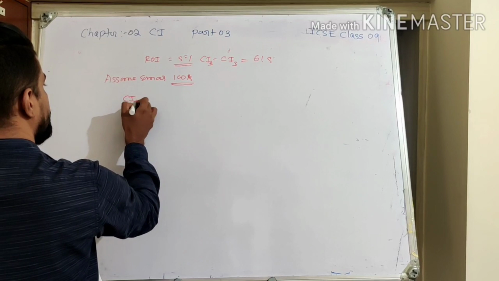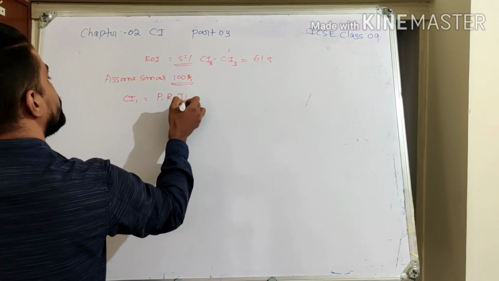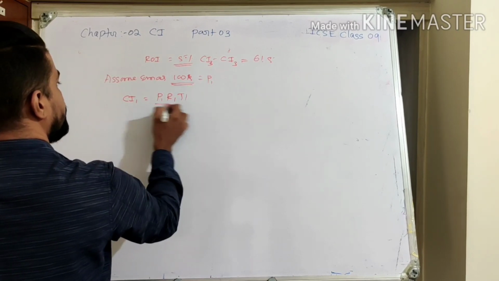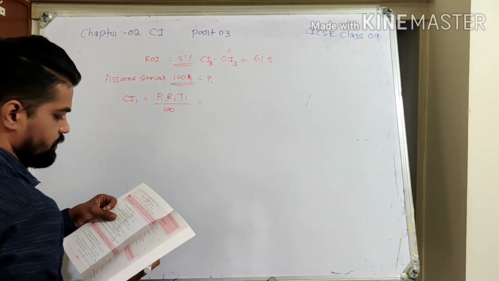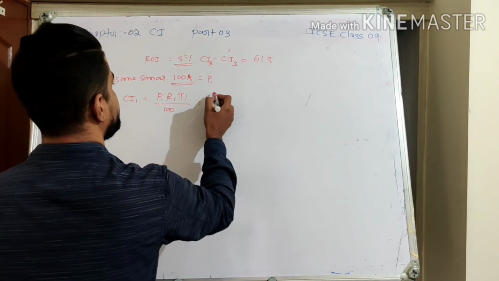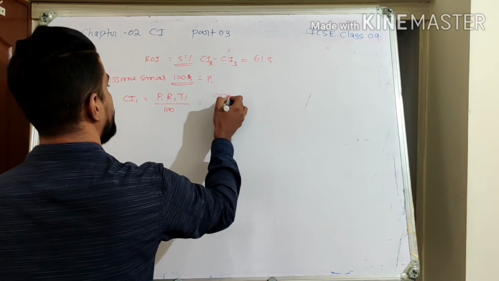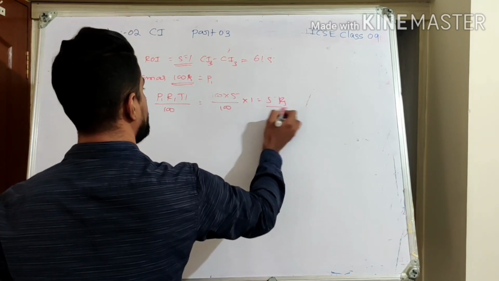Okay. Then what is the CI1? CI1 is P1 R1 T1 by 100. So it is compounded annually, right? Yeah. It's compounded annually. So first year it's going to be 100 into 5 by 100 into 1, which will give you 5 rupees as interest.